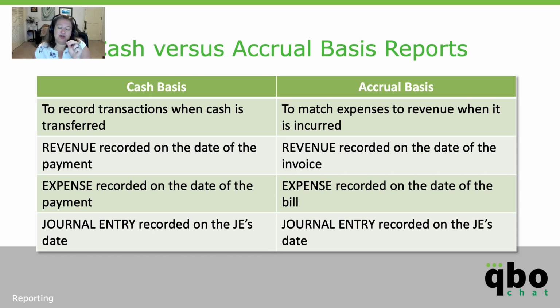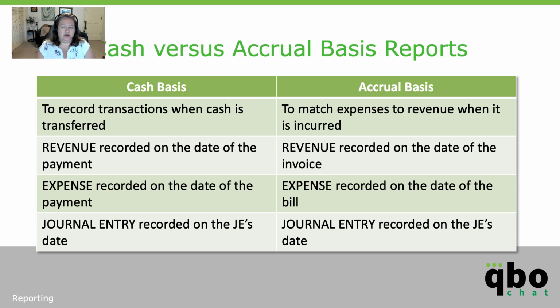A bill shows up on the P&L the day of the bill, not when you actually pay the bill. When you think about it, there's two different transactions with each of these, right? If you have an invoice, that's one transaction, and then you have receive payment, that's another transaction. Both of those have different dates, and that's how it defines how it shows up on your P&L.